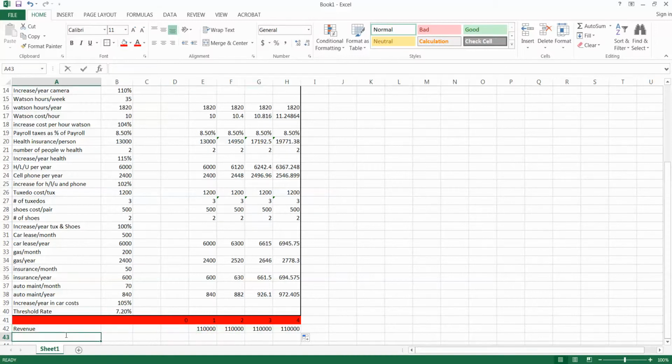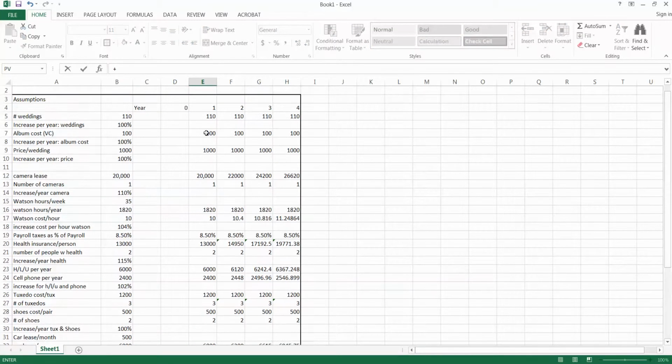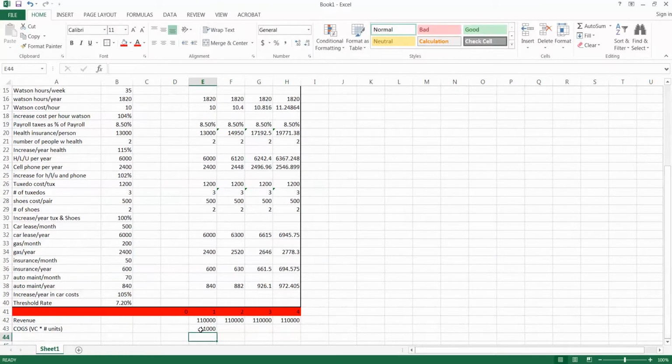Wonderful. And then our cost of goods sold, which is our variable costs, times number of units, is going to have us using our variable cost times the number of units, the number of weddings, and we get $11,000, and we should be able to carry that across.